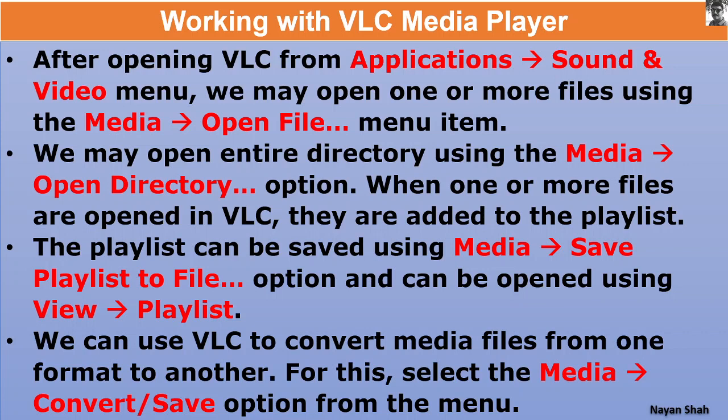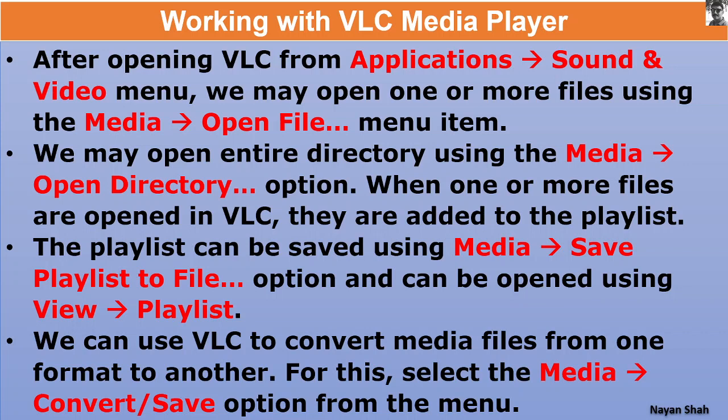We may open an entire directory using the Media, Open Directory option. When one or more files are opened in VLC media player, they are added to the playlist. The playlist can also be saved using the Media, Save Playlist to File option and can be opened using the View, Playlist File option.